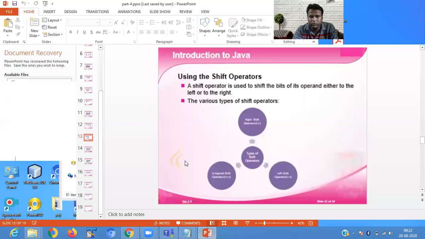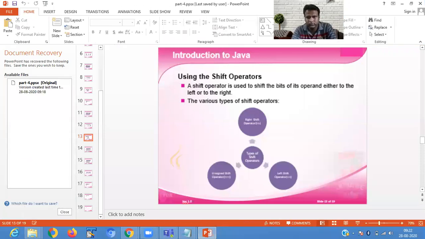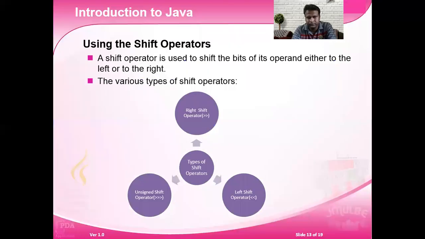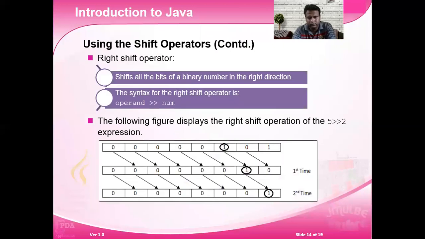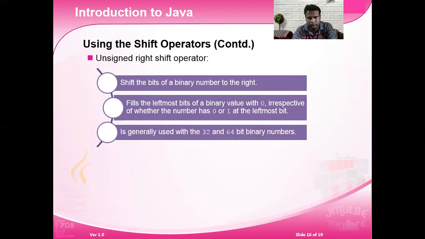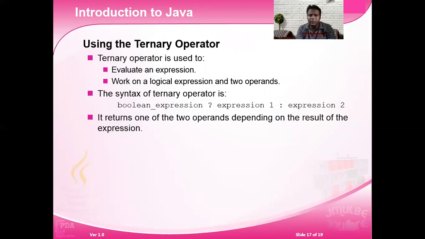Then I move to the ternary operator. The ternary operator is used to evaluate an expression on the three operands. It checks a boolean condition, then an expression.